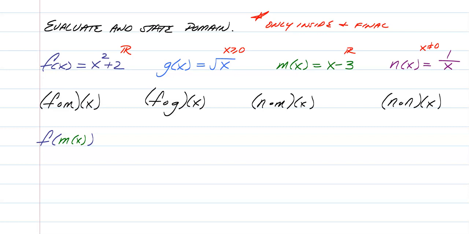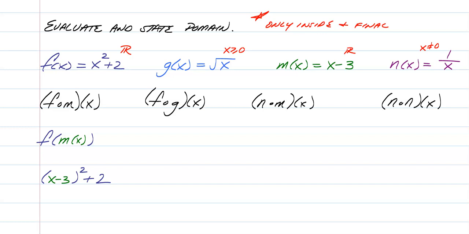So here's an x, all we're going to do is parentheses, squared plus 2. Look, I changed absolutely nothing except for the x alone. And all you do is put parentheses there, and then you take what's going inside and you put it inside the parentheses. And now you just finish evaluating.